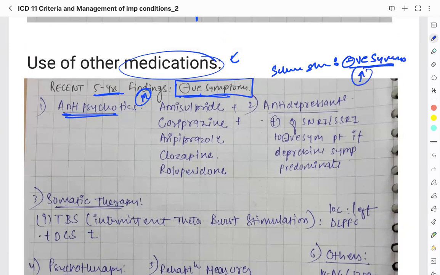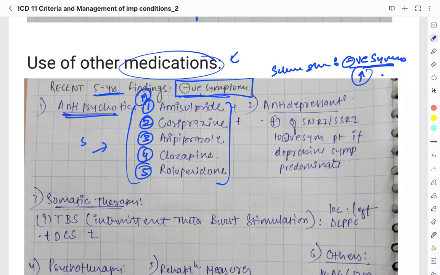These are amisulpride, cariprazine, aripiprazole, clozapine, and roluperidone. Just learn these, this is very important. Cariprazine and aripiprazole come under the same class, and then we have amisulpride, clozapine, and roluperidone.